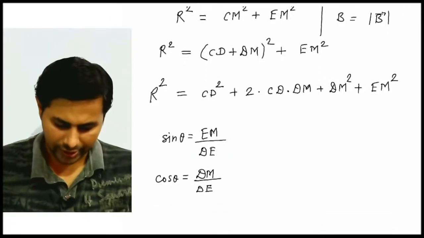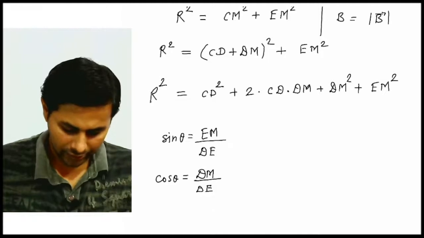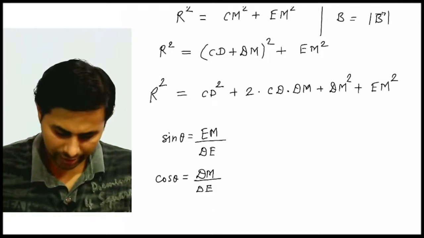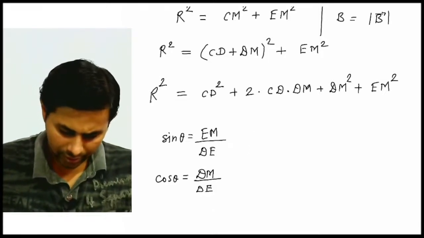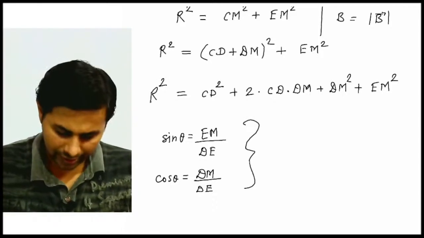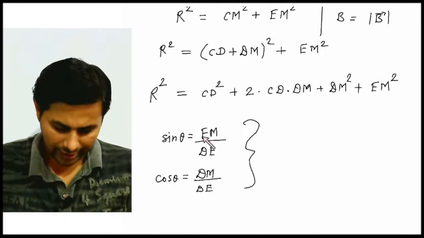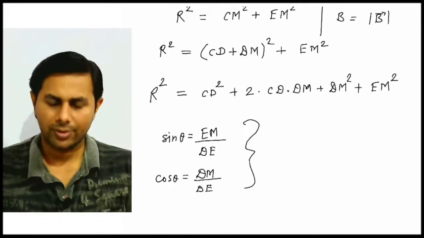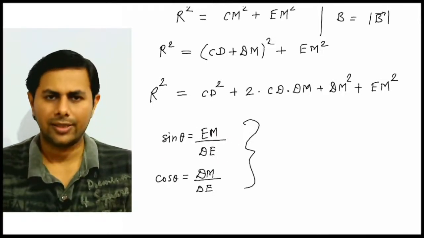So we have these relations, and using these relations I can write EM equals DE multiplied by sine theta.